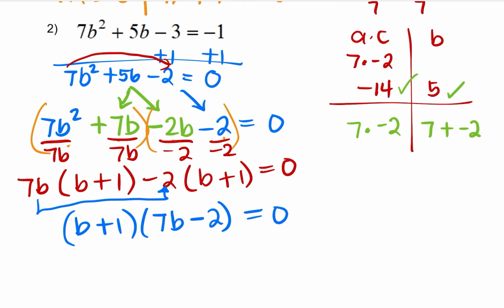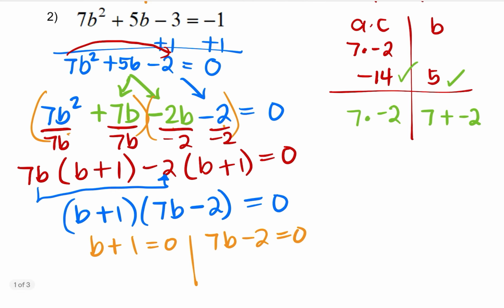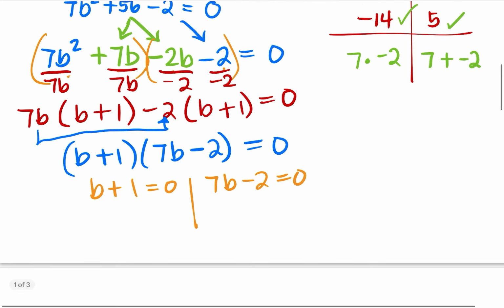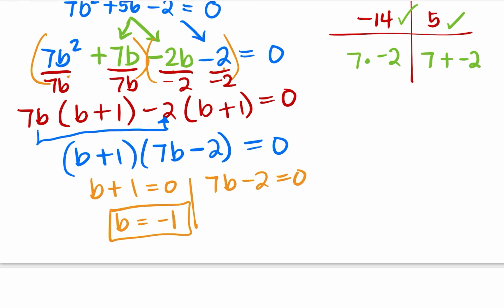All right, so isolating b, so I will have b plus 1 equals 0. And 7b minus 2 equals 0. So we're going to isolate b by itself. So b is equal to negative 1, taking inverse of positive 1. 7b is equal to positive 2, inverse of negative 2.